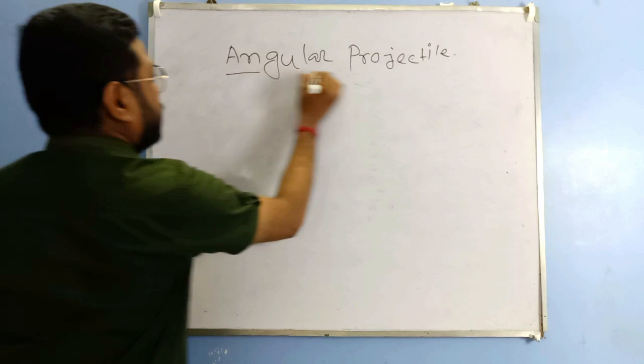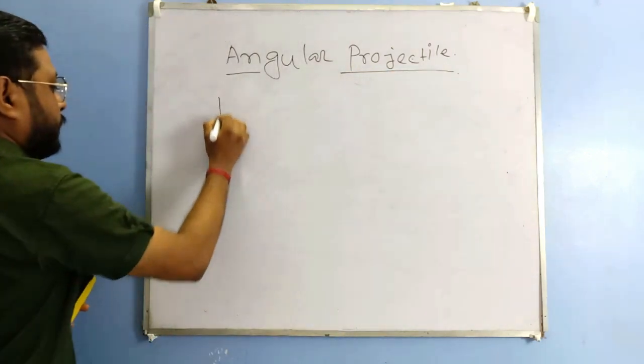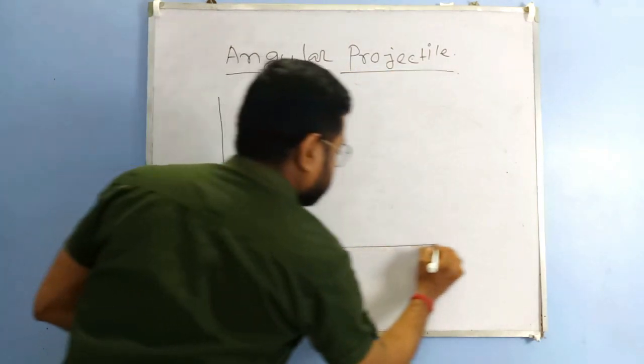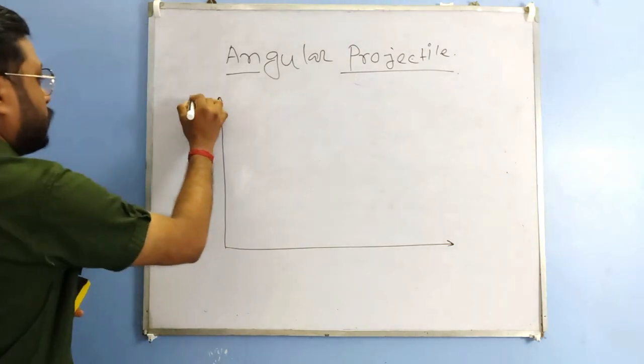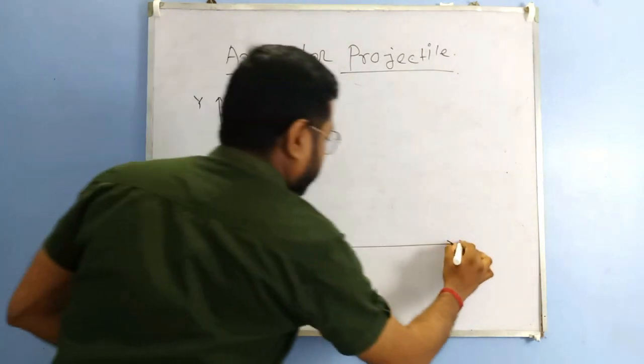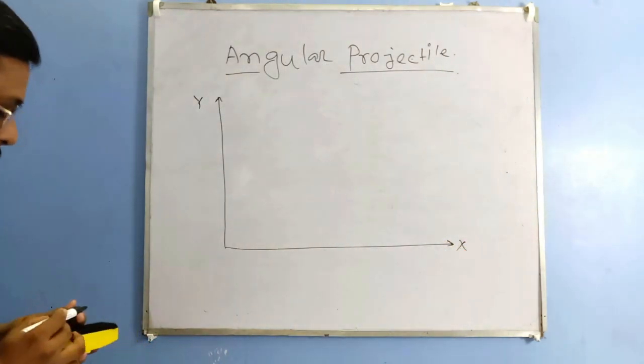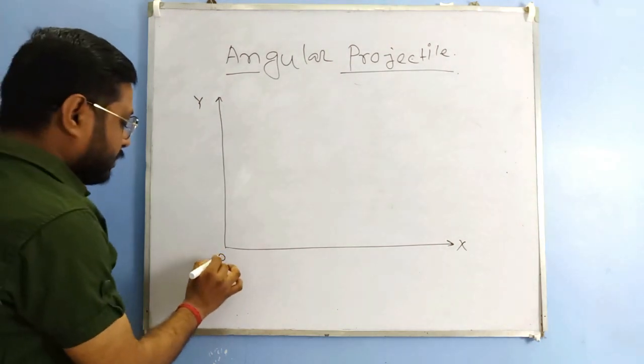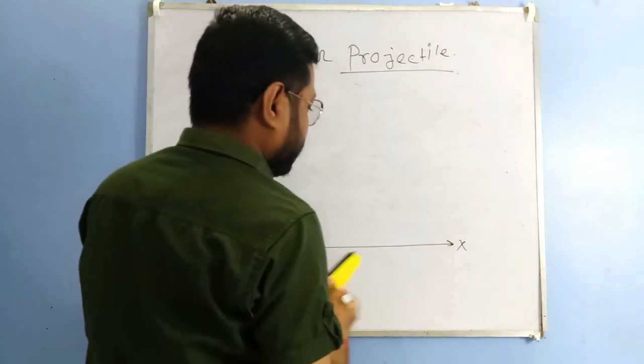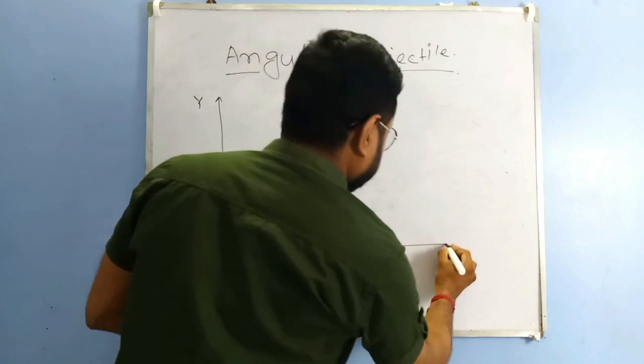So if someone throws a particle with some angle with the horizontal, we can choose the x-axis as the horizontal direction and the y-axis as the vertical direction.